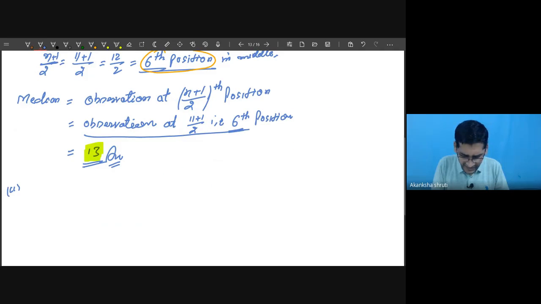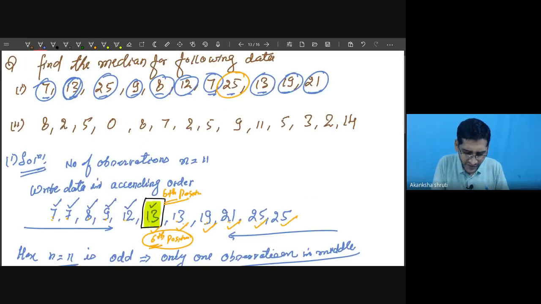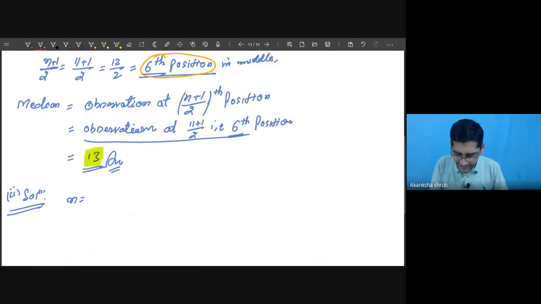In the second case, what is the number of observations, students? I am denoting it by N. Observe this: 1, 2, 3, 4, 5, 6, 7, 8, 9, 10, 11, 12, 13, 14 I have taken. So the number of observations is 14.